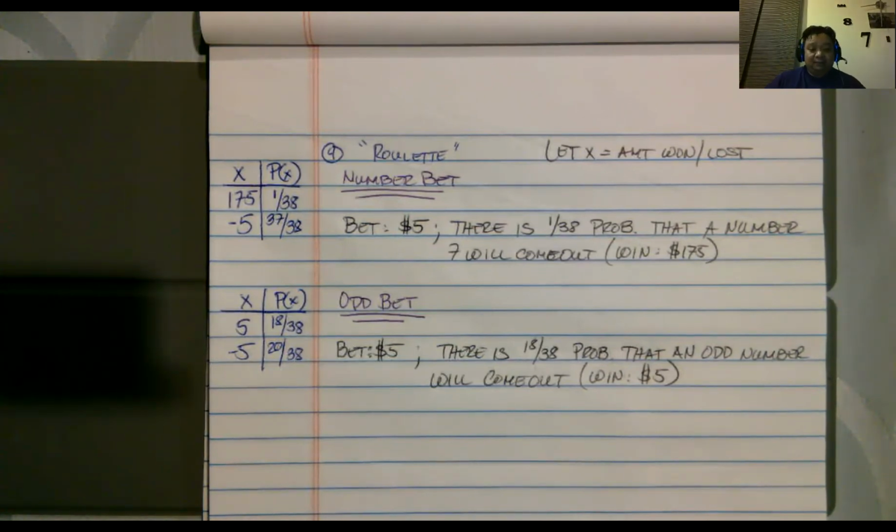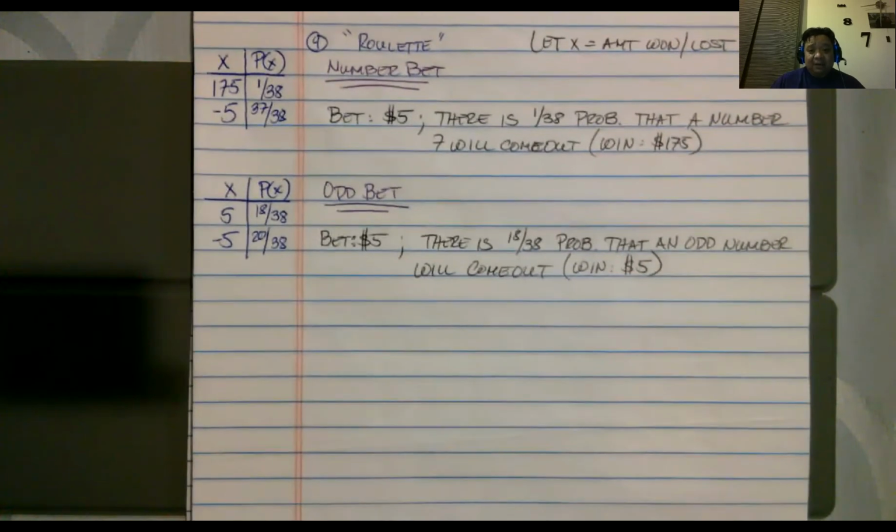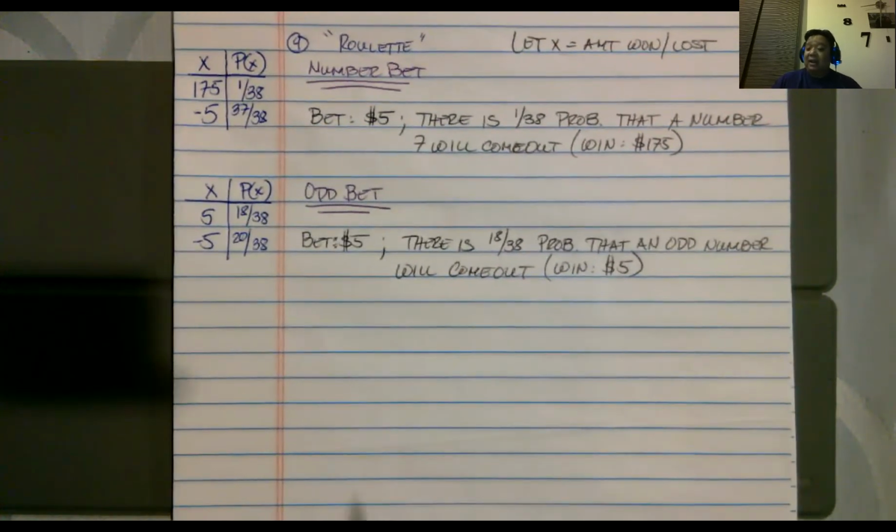Questions on that? Any questions on it? Okay. All right. So now something you might be interested in, especially if you're the one gambling on this one, you might want to ask, which one is the better bet? So which one's better, right?